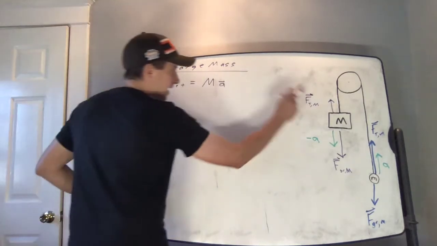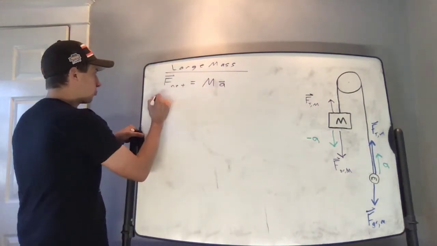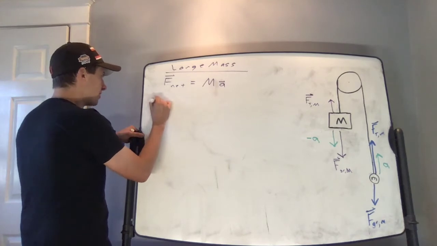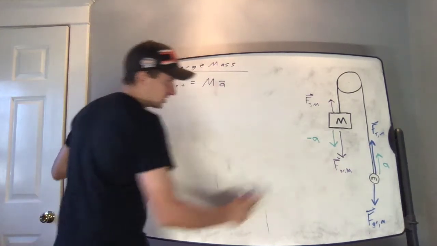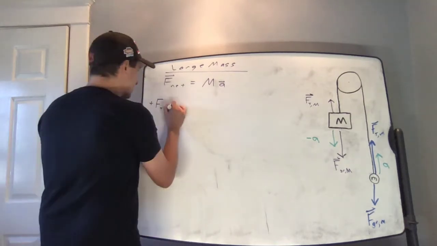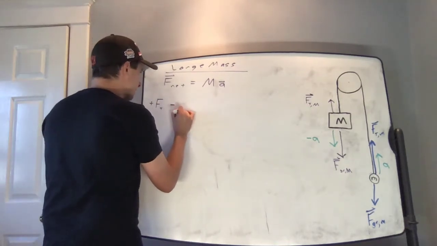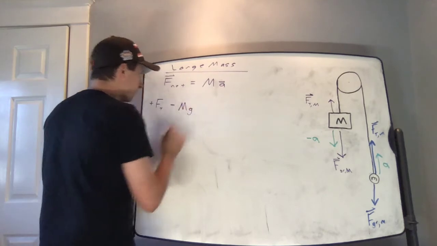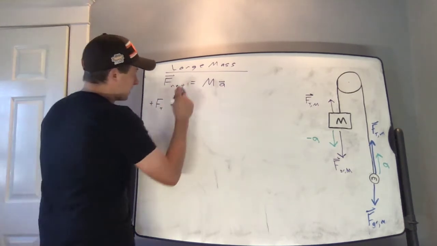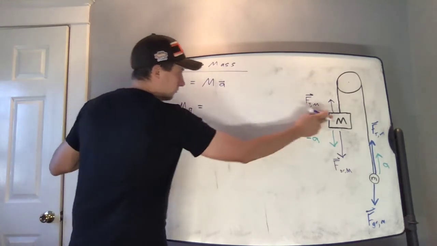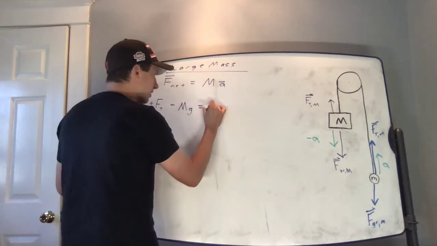For F net on the large mass, I have an upward force of tension, so that will be plus F tension, minus the force of gravity on the large mass, so minus big M times G. M times G is the force of gravity. And then I set that equal to the mass of the object we are talking about.